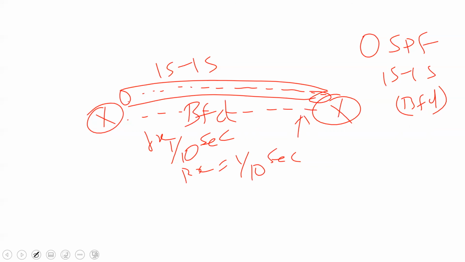Now, if any failure is here or here, because it's bidirectional, so any place where you have the failure, then after 1/10 of a second, 1/10 of a second, and 1/10 of a second, that is 3/10 of a second, so I'll make this 1/3 of a second.